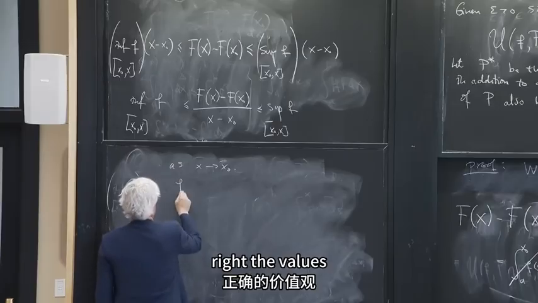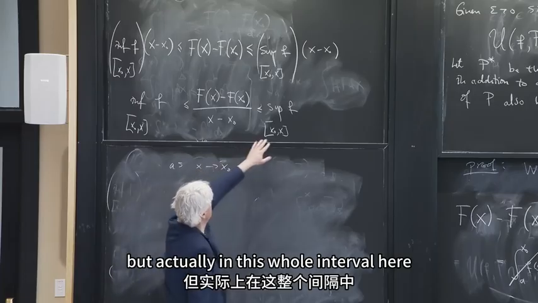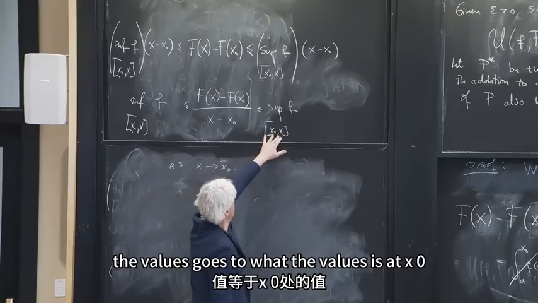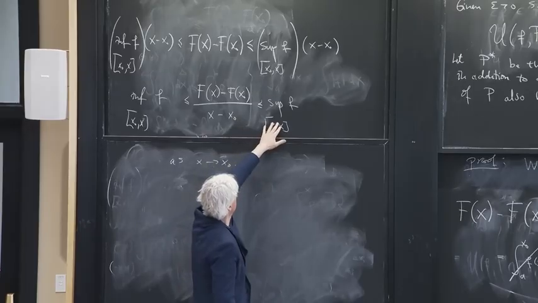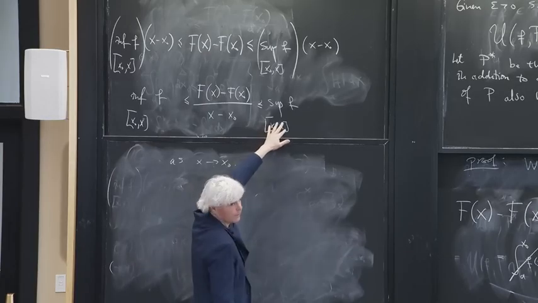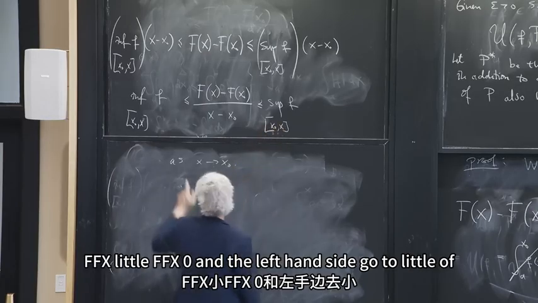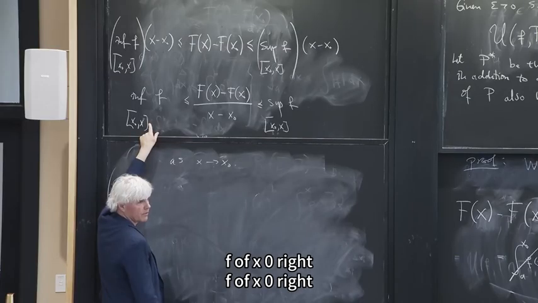So now as x goes to x0, the values, not just the value at x, but actually in this whole interval here, go to what the value is at x0. So you see that the right-hand side here goes to little f of x0, and the left-hand side goes to little f of x0, right?